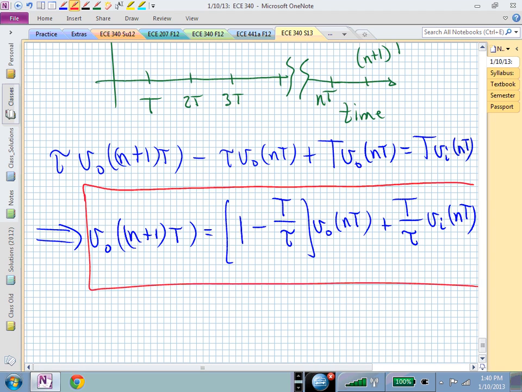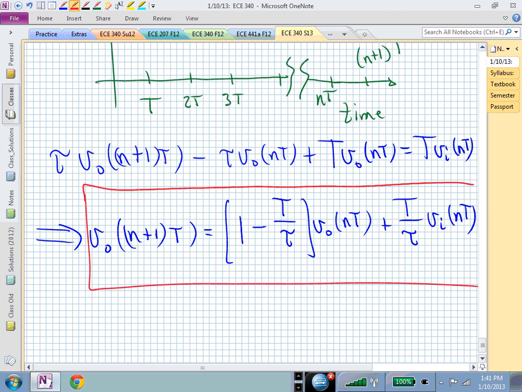What did we start with? Do we remember? This is a low-pass filter. What are we doing? We're taking our present output, it gets scaled, we add in the input that's scaled, and that generates the next output value.